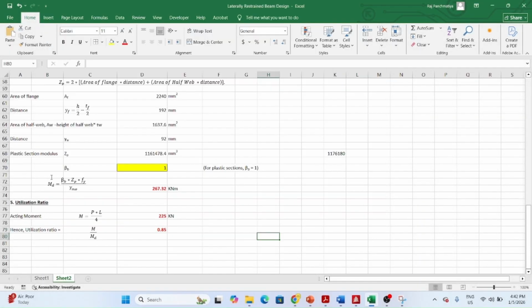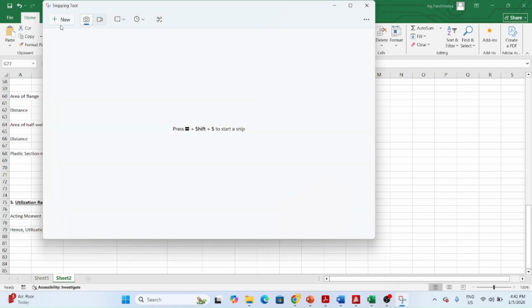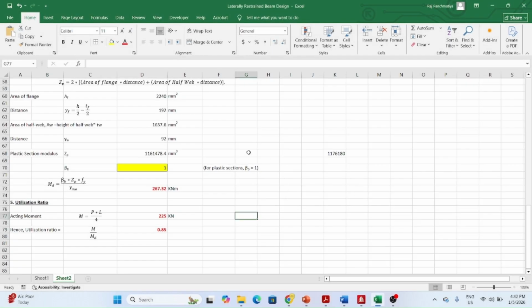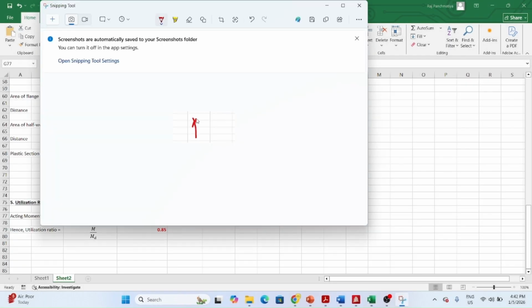Now let's calculate the utilization ratio. First of all, what is the maximum moment? As you know, in the case of a simply supported beam, with the load acting at the center, that is P, which in our case is 500, the maximum moment will be at the center.